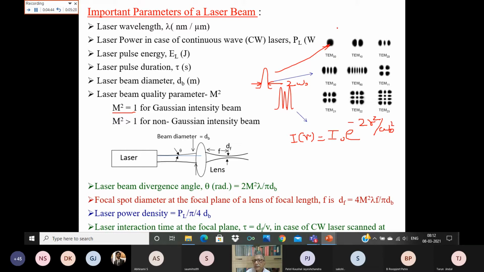So this is known as TEM00, and in general we say TEM mn. Small m and n can take values 0, 1, 2, 3, 4 and so on. M identifies how many zero intensity points there are within the laser beam in the x direction.